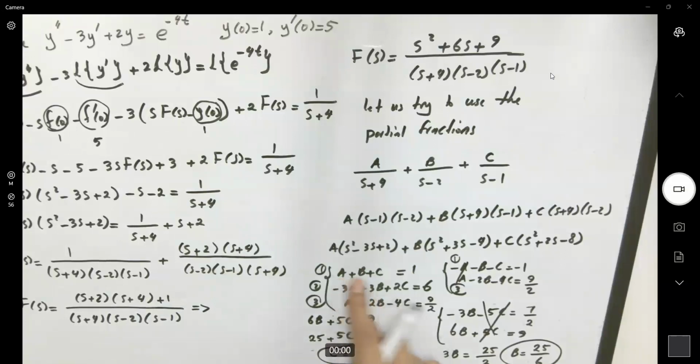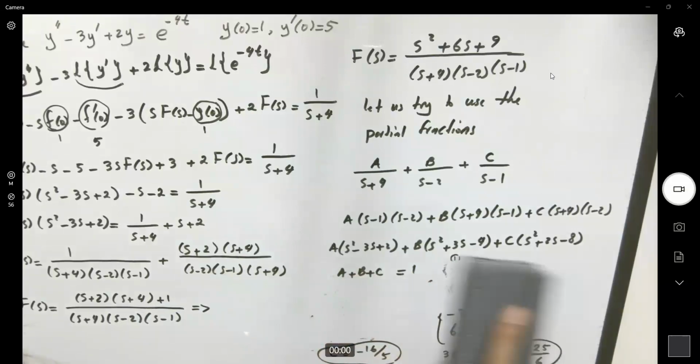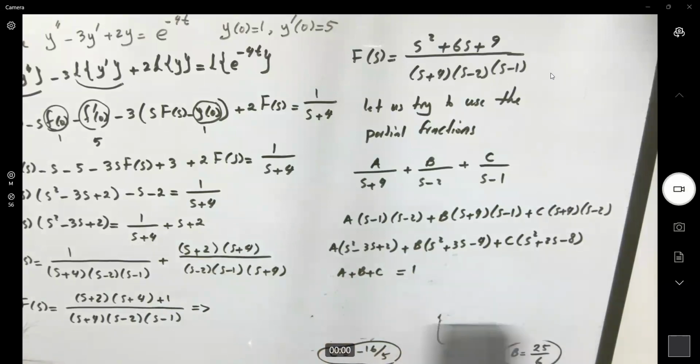Now we can use the first equation to find a. So let me just erase these. So a becomes 1 minus b, 25 over 6, minus c, which is plus 16 over 5.